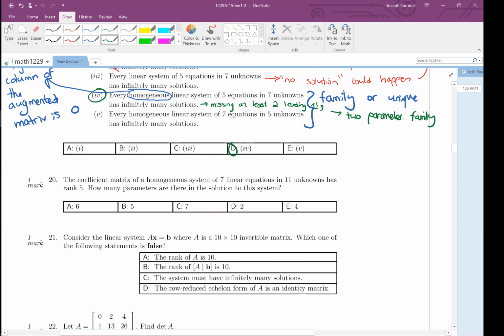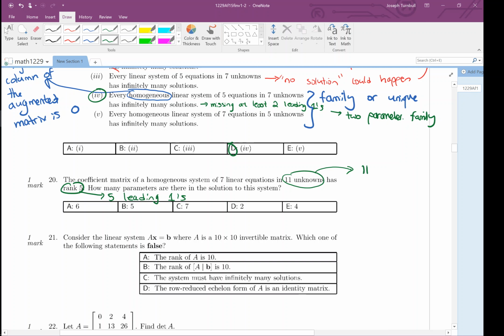Okay, number 20. Coefficient matrix of homogeneous system of 7 equations, 11 unknowns has rank 5. Okay, how many parameters are there in the family of solutions? Rank 5 means 5 leading ones. 11 unknowns.